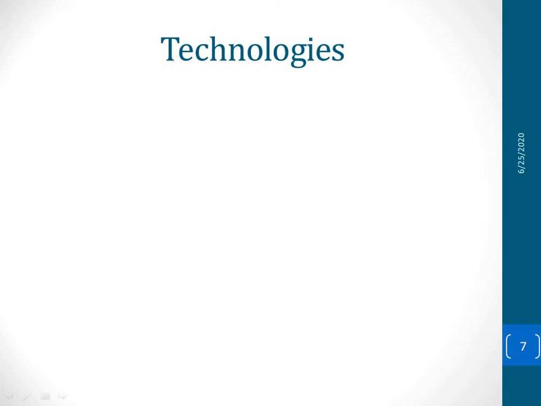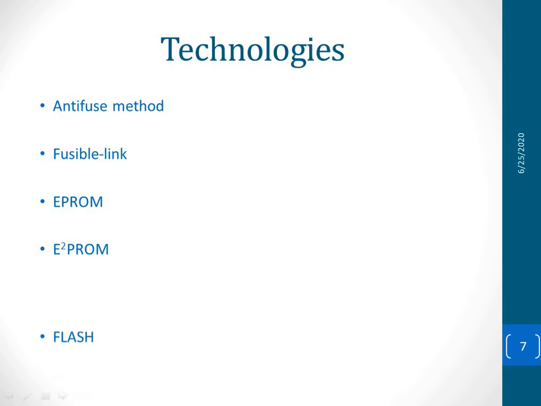Next, moving on to the technologies, how we program our own design onto an FPGA or any PLD. It's not just FPGA, any PLD. Programming means we need to pass the programming pulse so that our design or our logic is implemented on that particular programmable logic device. That can be done with the antifuse method or fusible link, EEPROM, flash and SRAM.